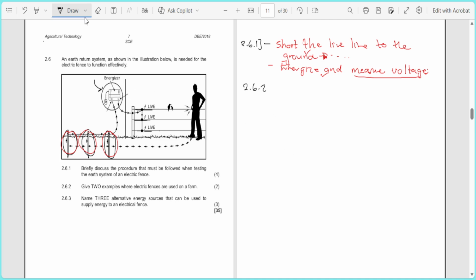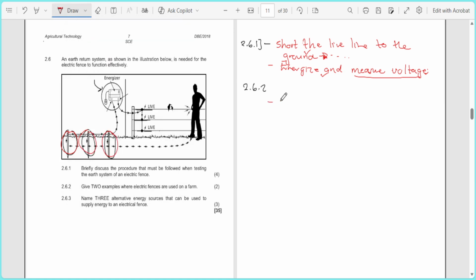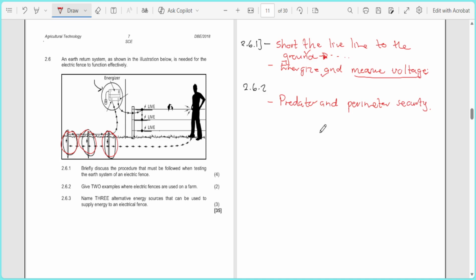I think that should be obvious. Predator and perimeter security of the farm, and rotational grazing management.